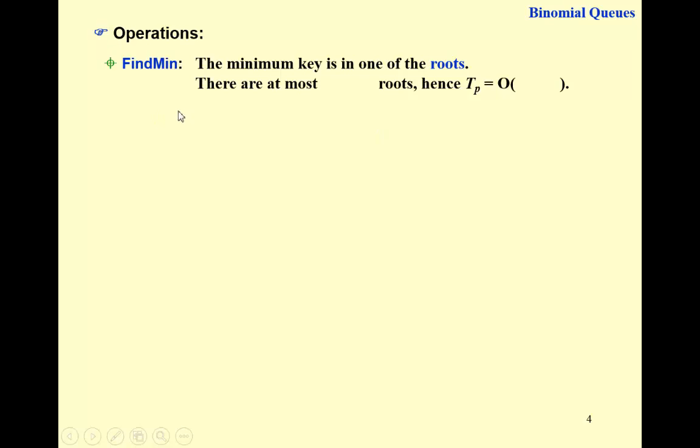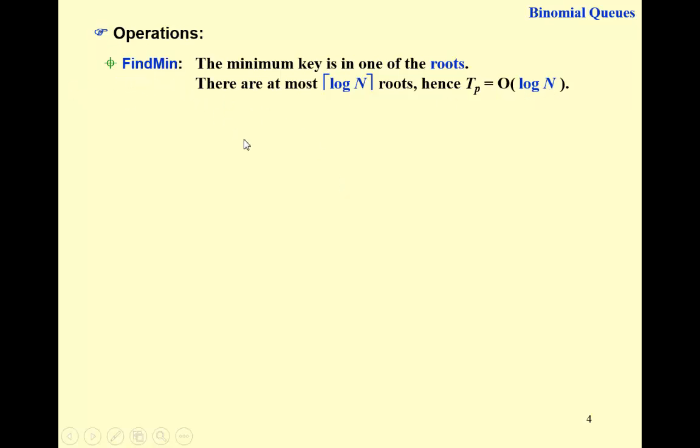The number of bits in the binary form of n is the same as the number of roots in this binomial queue with n nodes. So what is that number? Log n, right? And therefore, the time complexity in the worst case is log n. So it takes log n time to find min.